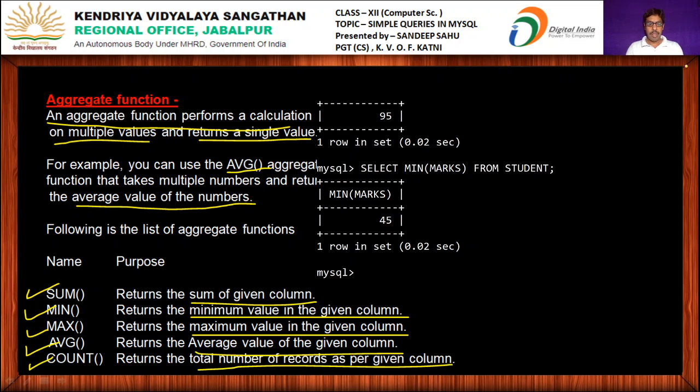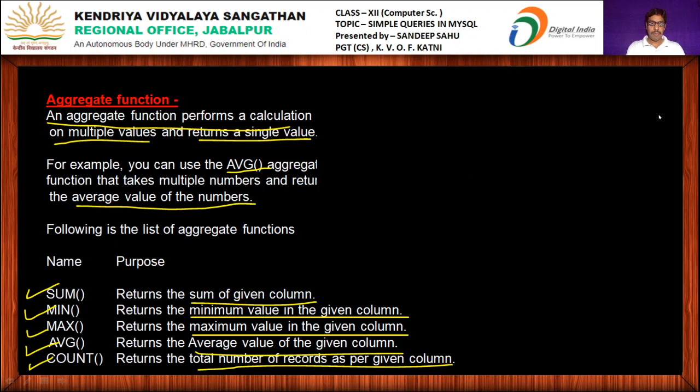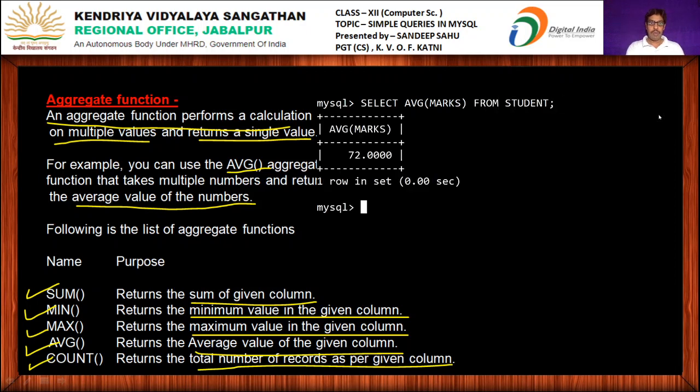Then average and count also, you understand. Select avg(marks) from student. This is the average of overall marks. And then count. Suppose we want to count the total number of records, then you can write asterisk here.